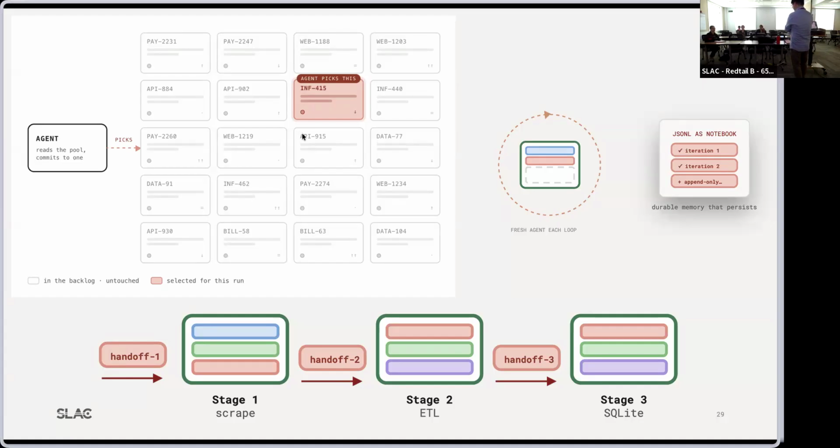Otherwise, the other school of thought is that current AI has 1 million context windows, some have 2 million. Let me just stuff everything into the context window. As you can tell from the talk, I'm not in favor of that idea, because you really don't want to stuff everything into the context window because of the context rot problem.